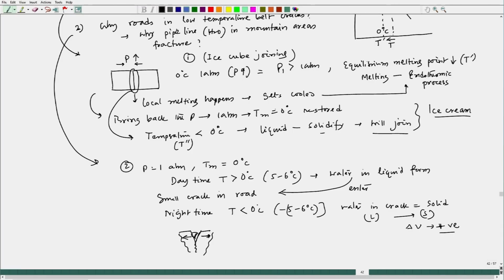This is one. Similarly, when we talk about the pipeline, a similar explanation applies. In the pipeline you have water flow, in daytime, let us say it is a liquid, you have to keep it in liquid form actually, because that is what you supply in the hilly areas.